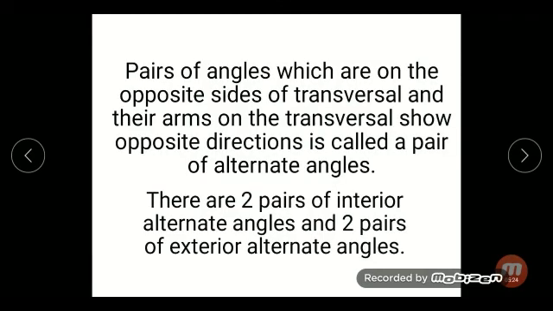Alternate angles. A pair of angles which are on the opposite sides of the transversal and whose arms on the transversal show opposite directions is called a pair of alternate angles. There are two pairs of interior alternate angles and two pairs of exterior alternate angles.